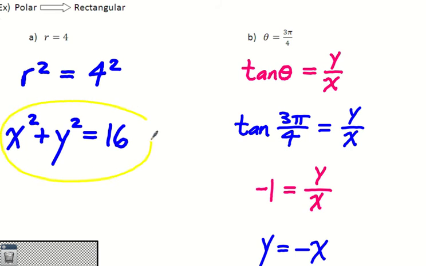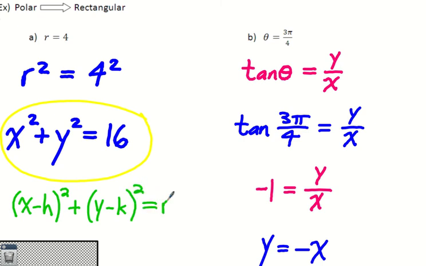Now let me quickly refer back to this final answer, which I was okay with because there is something called standard form of a circle. I'm assuming it's called standard form of a circle. And yes, a circle. If you were to graph this, it would be a circle.